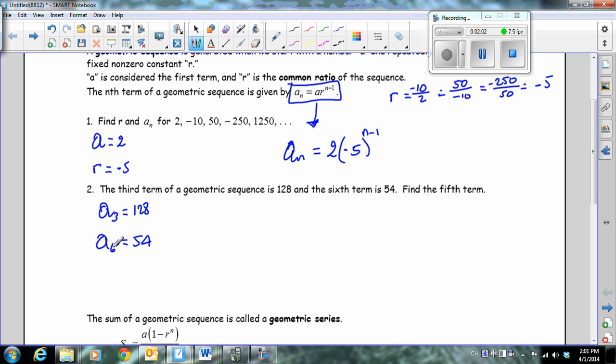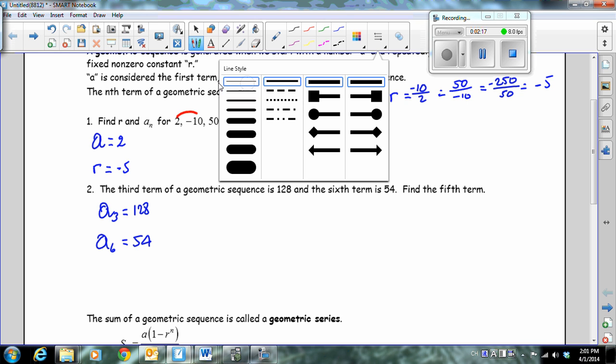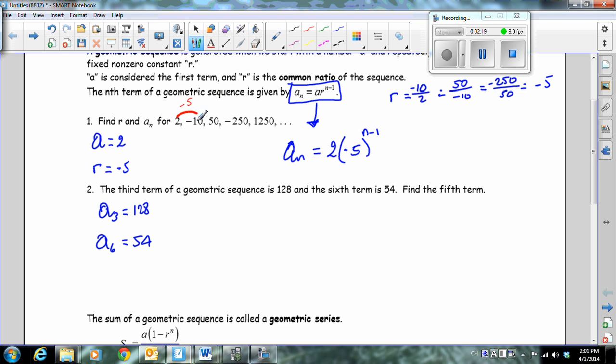From a3 to a6, how many times do I need to multiply by the common ratio? If I take you back to problem number 1, going from 2 to -10, I multiply by -5. From -10 to 50, by another -5. From 50 to -250, by another -5, and so on.